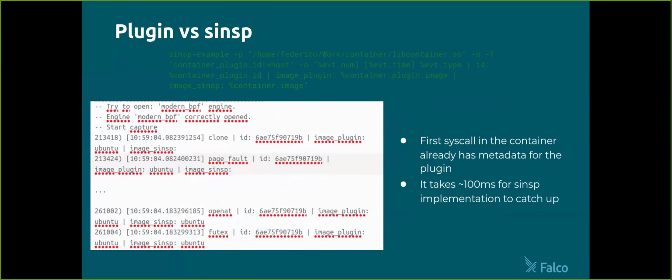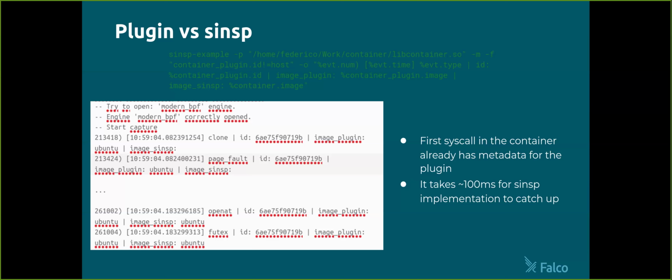So this is the very first benchmark that I ran of the plugin against the old libsinsp implementation. It is pretty simple. I exported the fields from the plugin with a new name, in this case container_plugin instead of container, so that I was able to run the container plugin side by side with the libsinsp implementation.